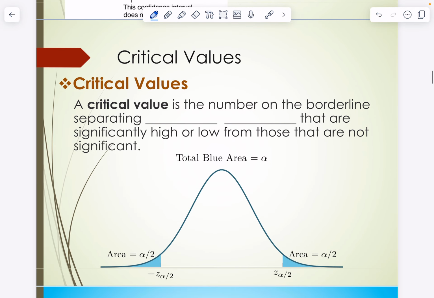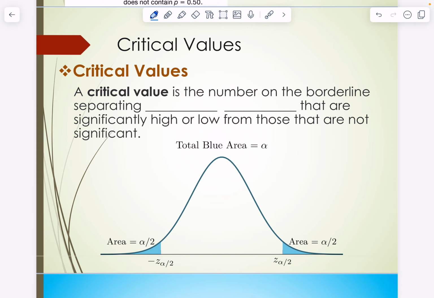Okay, now here's a tool that's very important in constructing a confidence interval. The critical value.